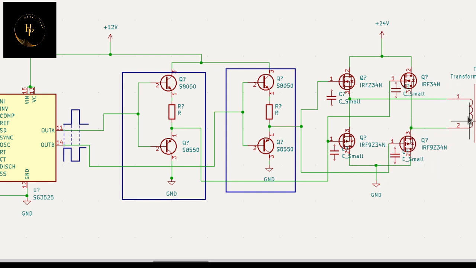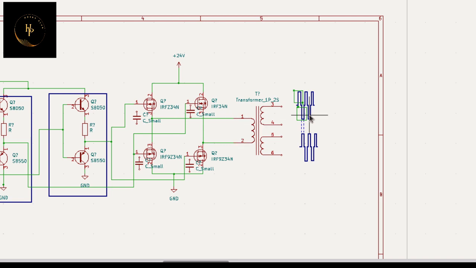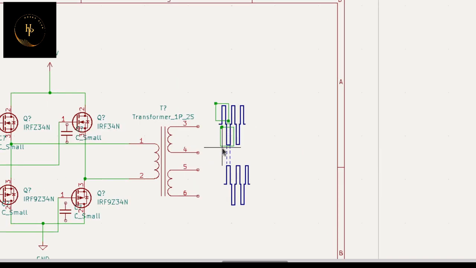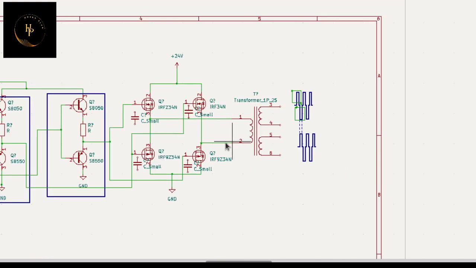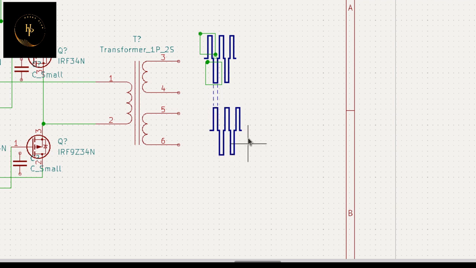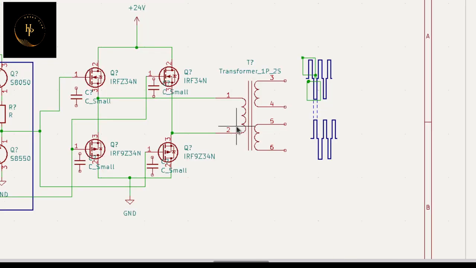That is anti-clockwise. So you get an opposite pulse here. That is your full wave pulse amplifier. You get this type of pulse at the output of this transformer, and that is used for the next stage of the circuit.